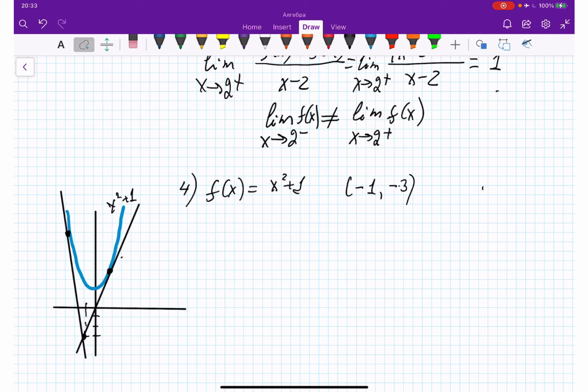So this is (-1, -3). Okay, so let's find the equations of these two tangent lines that pass through the point (-1, -3).